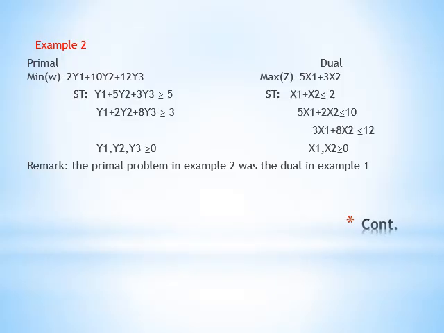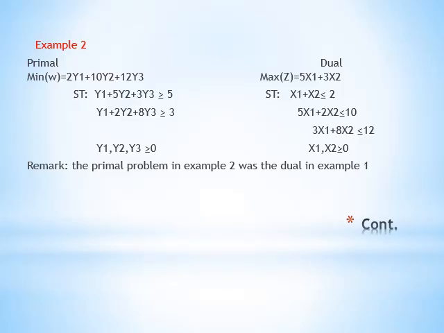The coefficients of these decision variables are 2, the cost of 1 unit of y1, 10 is the cost of 1 unit of y2, and 12 is the cost of 1 unit of y3.